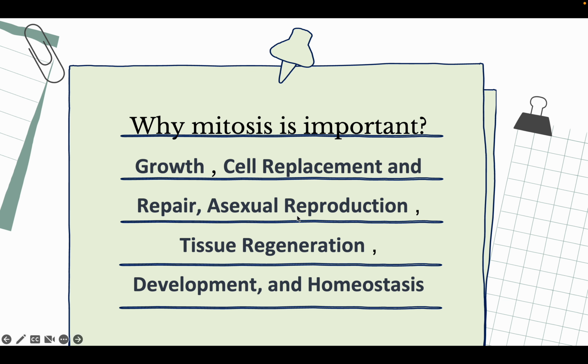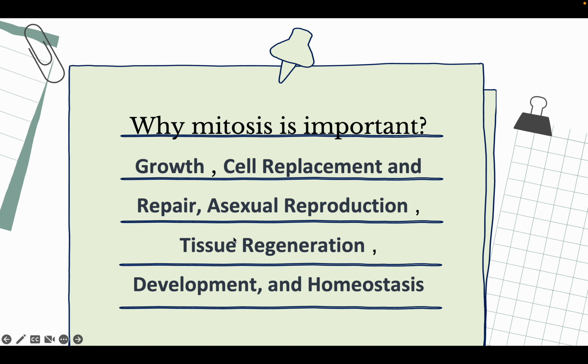And also, for asexual reproduction, in many single-celled organisms and some multicellular ones, mitosis enables asexual reproduction. Through mitotic cell division, an organism can produce genetically identical offspring, ensuring efficient and rapid reproduction.